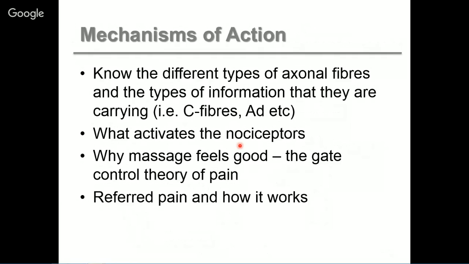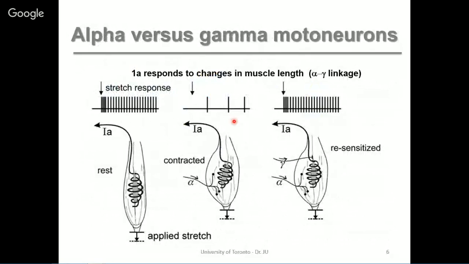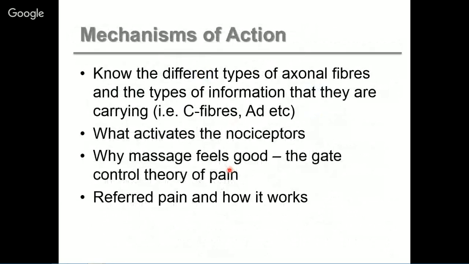So again, you should make sure that you know the whole pathway, in other words. I'm asking you to think beyond just what's on the slide. Think about the whole pathway, and do you know what activates these different nociceptors, which goes back to this slide? What activates them? What sorts of pain responses? Where it's going? Do you know about the gate control theory of pain?